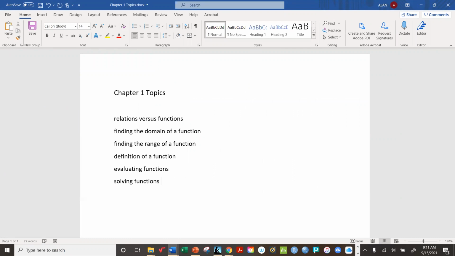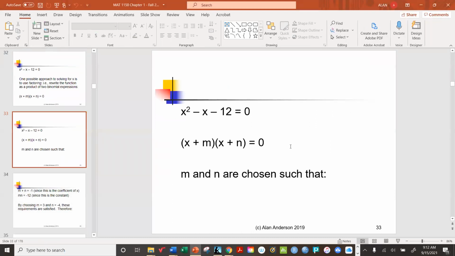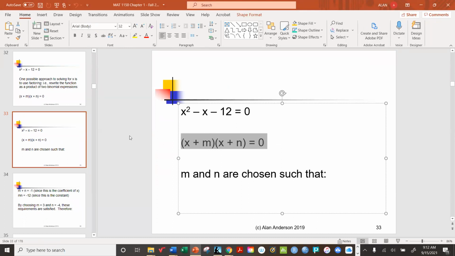We haven't gotten past that part yet. So if you do ask for this one, focus your attention on linear functions and quadratic functions, meaning that there's an x squared term. And so therefore there will be, oh, look, I did go over this x plus m, x plus n thing. Huh, I thought I was throwing something new your way. No, we did actually do this, didn't we? Okay, good.